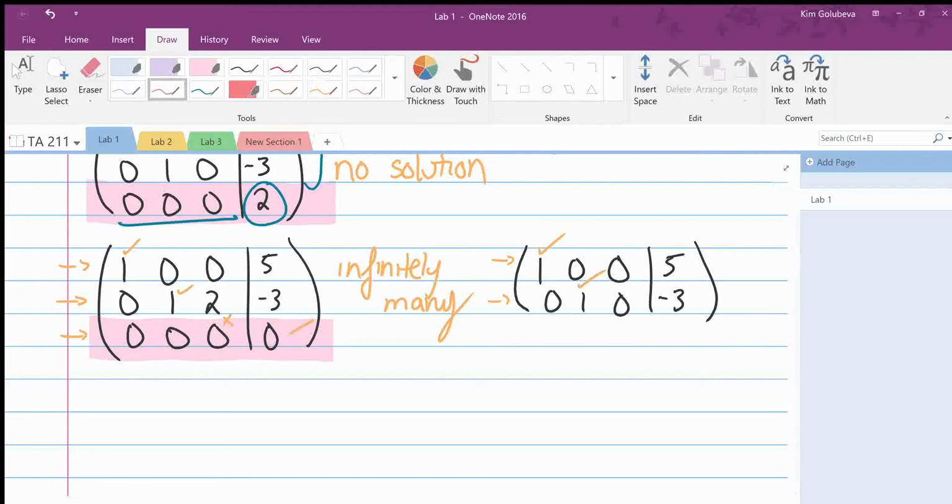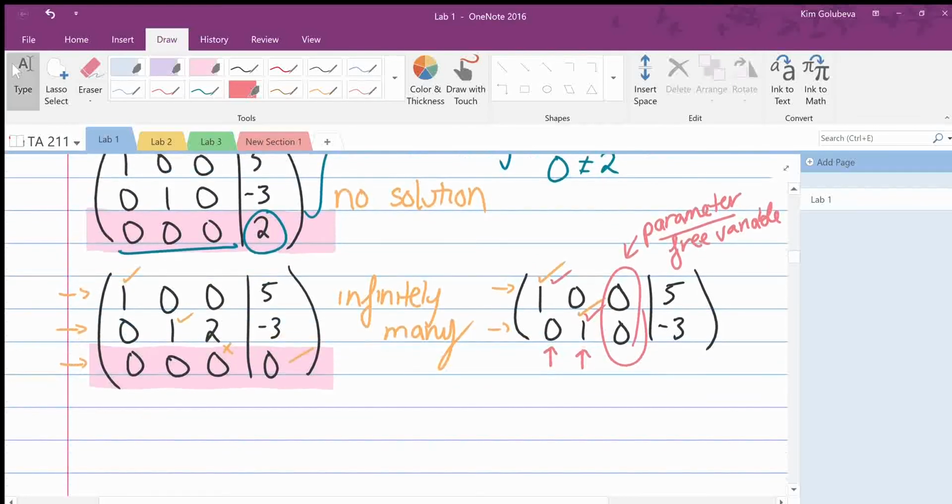And just like we did in the first example, we're going to check the columns to see, yep, there's a leading one in this column, there's a leading one in this column, but we notice there's no leading one in the last column. So this indicates that we have infinitely many solutions. So this is actually called a parameter, and we'll get into that later. But it's essentially a free variable. So yeah, this is infinitely many solutions.